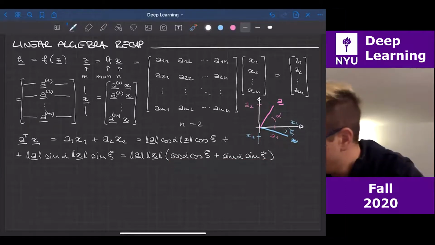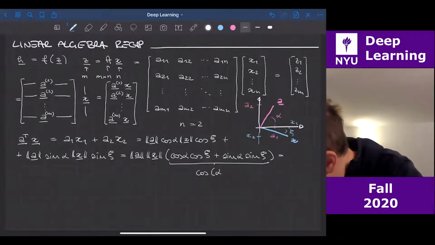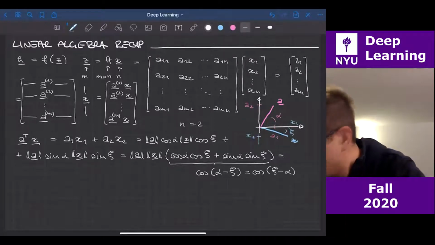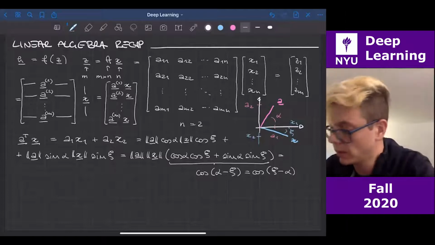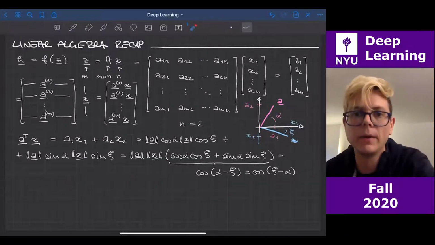So this one, it's simply equal to, okay, I can just write it here. So this is going to be the cosine of alpha minus xi, right? Or, which is the same as saying cosine of xi minus alpha, right? Because the cosine is an even function. So first takeaway, okay?